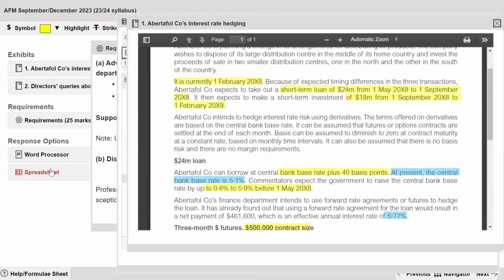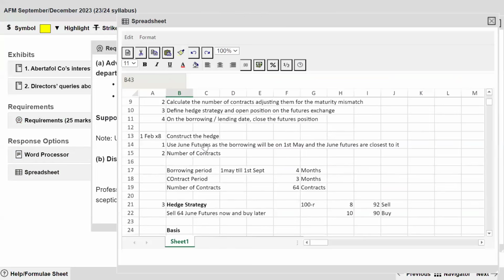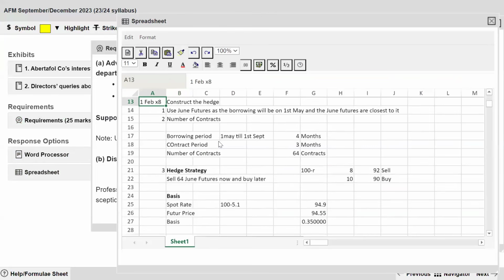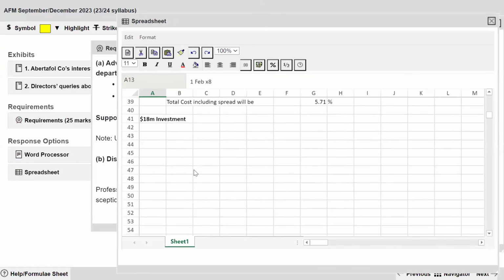Let's try to understand this. Again, we would create the same approach. This is the 1st Feb hedge. Construct the hedge.